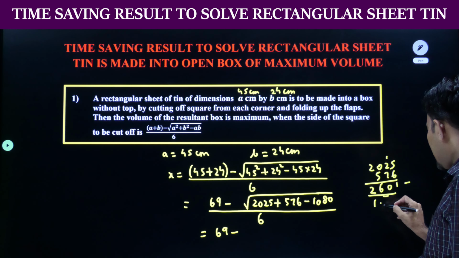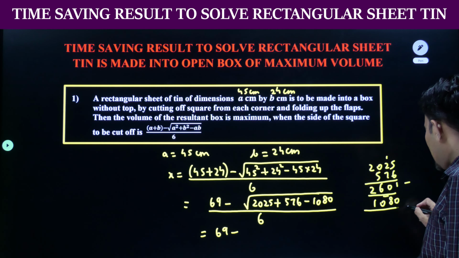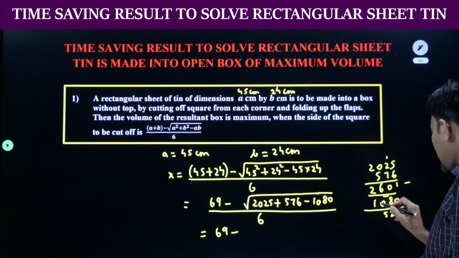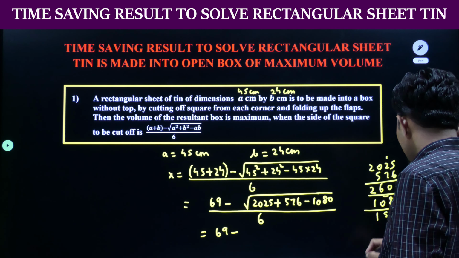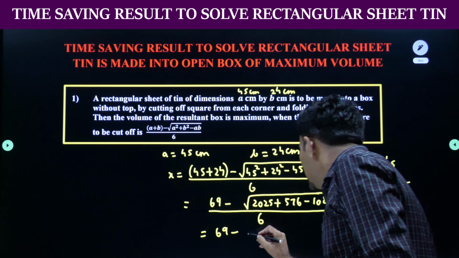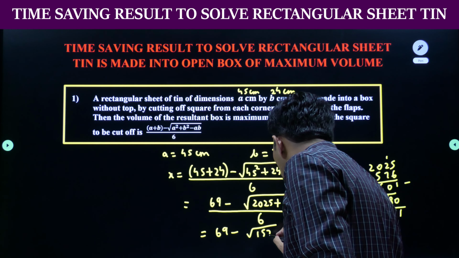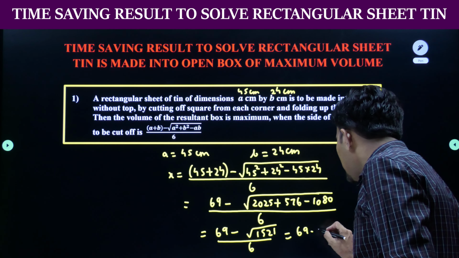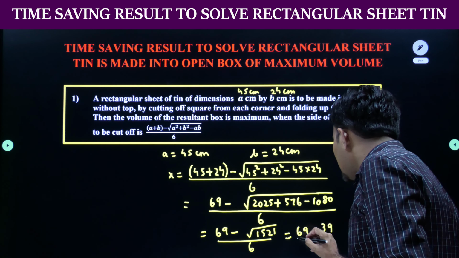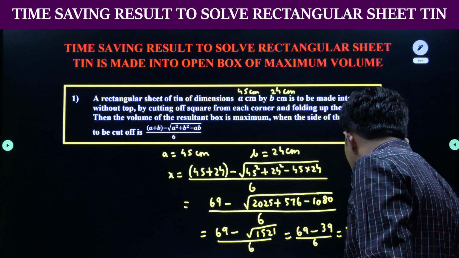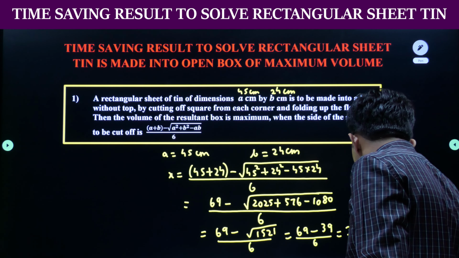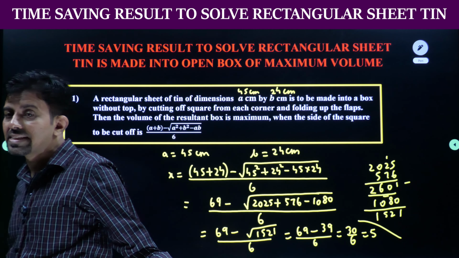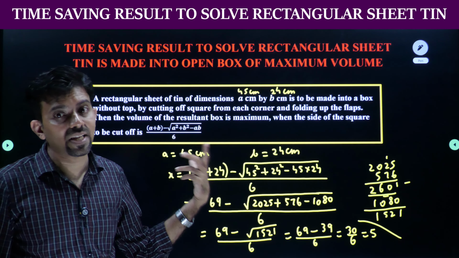From that you subtract 1080. If you subtract, what do you get? 1521. Root of 1521 divided by 6. So we get 69 minus square root of 1521, which is 39, divided by 6. So this is 30 divided by 6, that is equal to 5. The side of the square to be cut off is 5 centimeter for the volume of the box to become maximum.